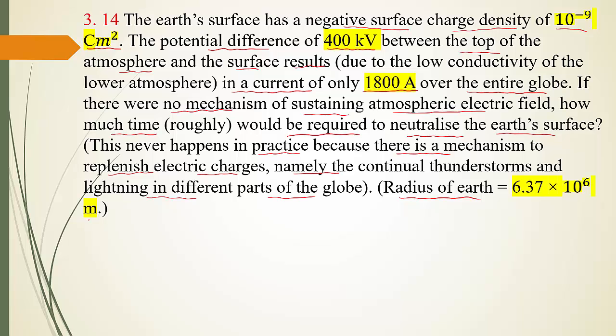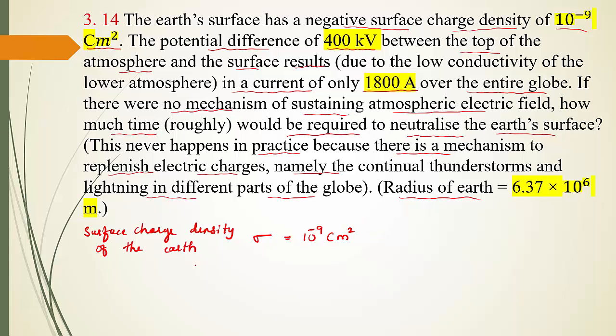So first we can note down the givens here. Surface charge density of the Earth is given. Surface charge density is generally denoted by the symbol sigma. It is given 10 raised to minus 9 coulomb per meter square.